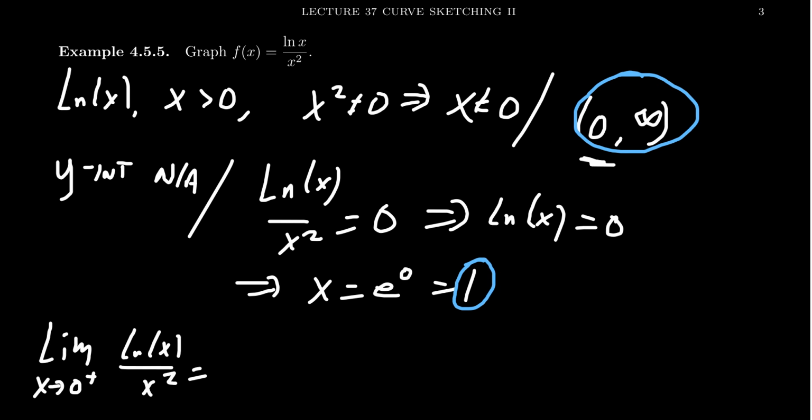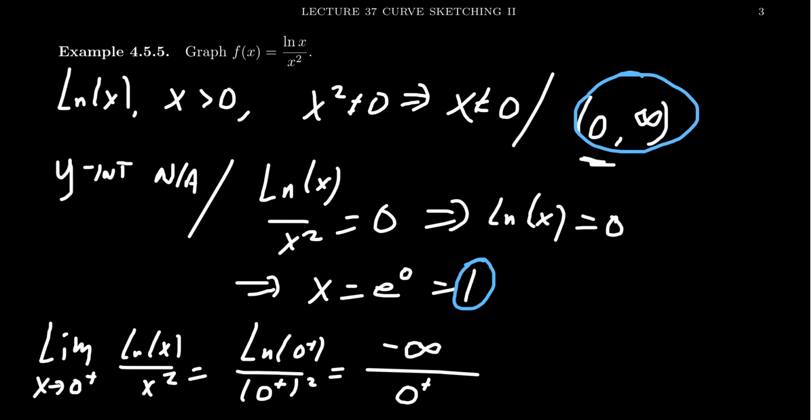And so if we investigate this one, what's the natural log of 0 from the right over 0 plus squared? Well, the denominator is pretty simple. If you square a positive, it stays positive. So we're going to be just a little bit to the right of 0, 0 plus here. The natural log, as x approaches 0 from the right, the natural log wants to go towards negative infinity. And so we might be worried, is this an indeterminate form?